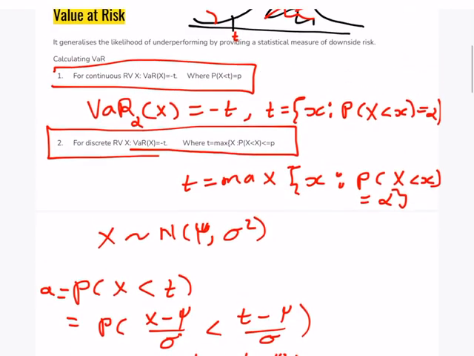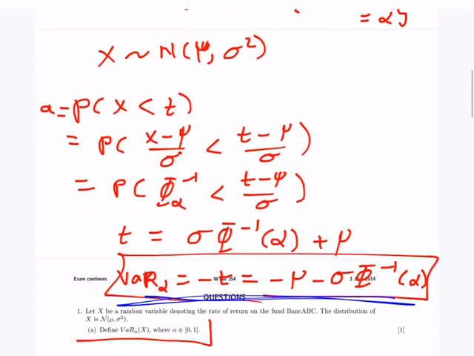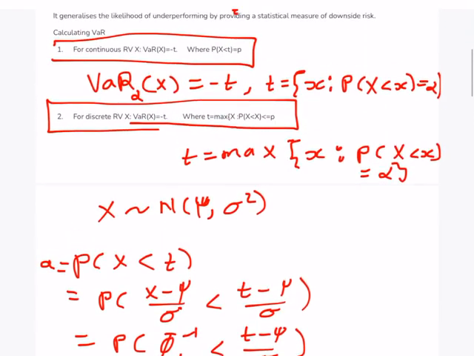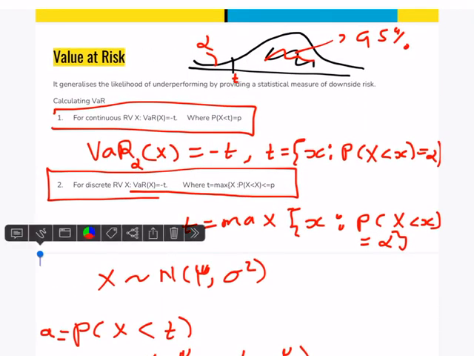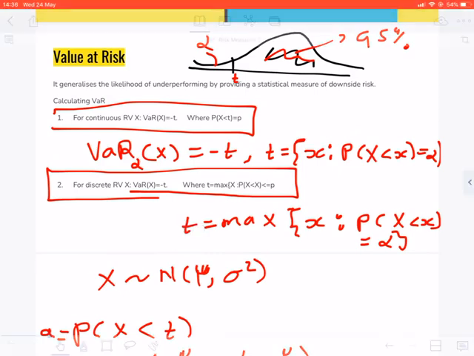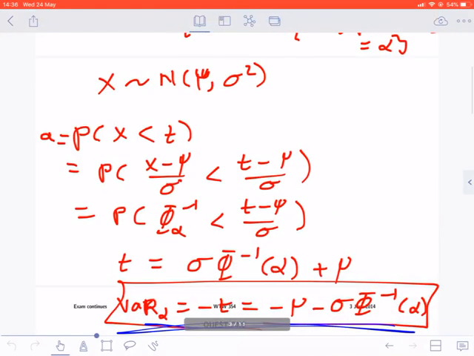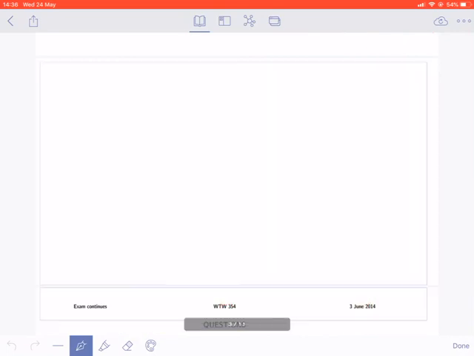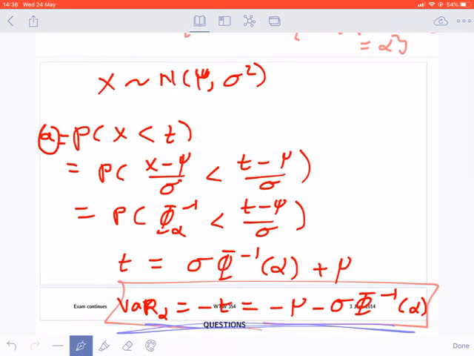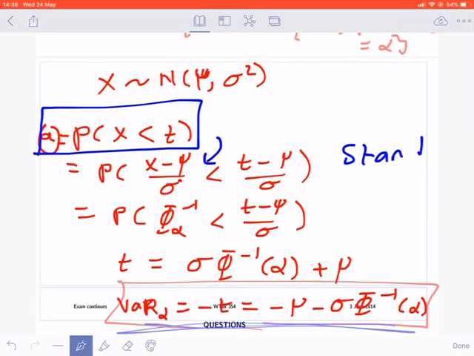I will try to show you a few things. Consider X as a normal distribution, and you are trying to find what your value at risk is. You are going to find this at an alpha significance level. This would be your equation, the one we have used in standardizing.